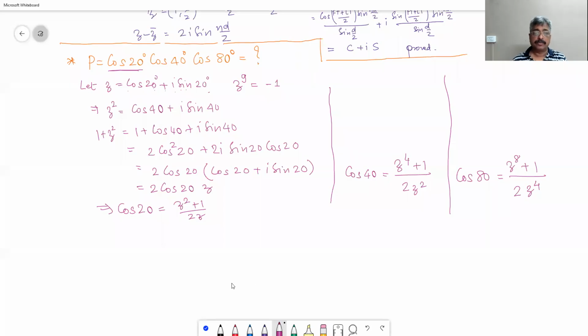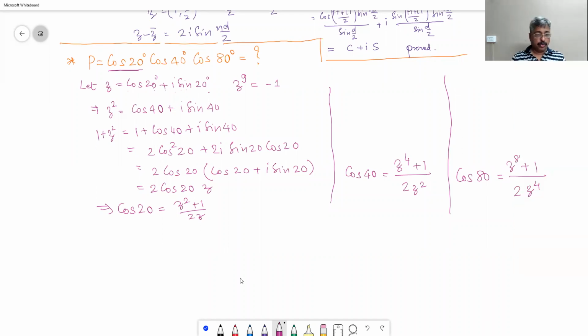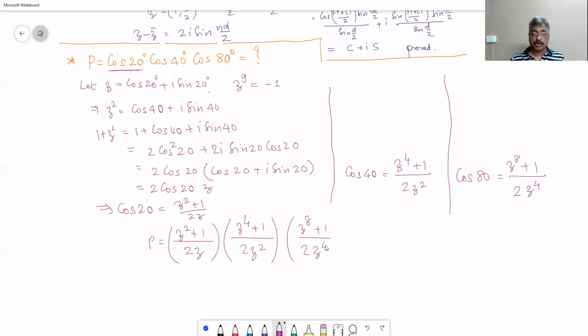Have you got these 3 terms? Yes. All of you have got those 3 terms? Very good. So let us move. So what is our product P which is given to us? P is equal to cos 20 z square plus 1 upon 2z into z raised to 4 plus 1 upon 2z square into z raised to 8 plus 1 upon 2z raised to 4.